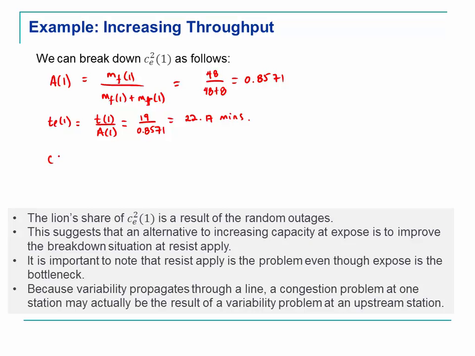Then the squared coefficient of variation of the effective process for 1 is going to be equal to CO squared of 1 plus 2 times the mean time to repair of 1 times A1 times 1 minus A1, and this is MR right here, divided by T of 1.